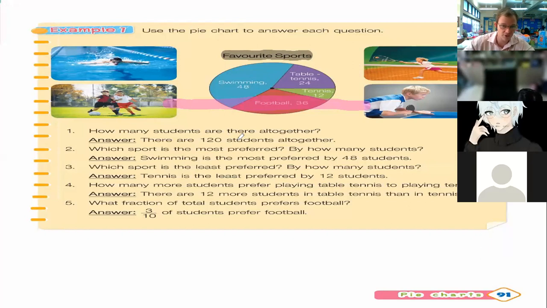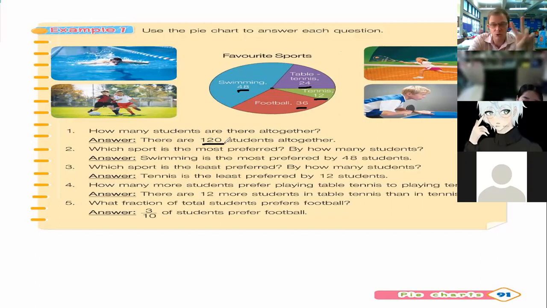So the first question, how many students are there all together? So that means we'll have to add all the number of students from the whole pie chart. And we do that by saying 48 plus 24 plus 12 plus 36. So if you add them all together, you will get to 120 students.